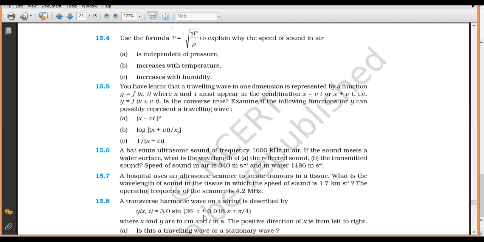We want that a traveling wave in one dimension is represented by a function y of x and t, where x and t must appear in the combination x plus vt, or x minus vt. Examine if the following functions for y can possibly represent the traveling wave.